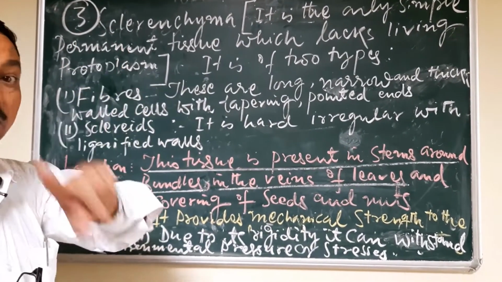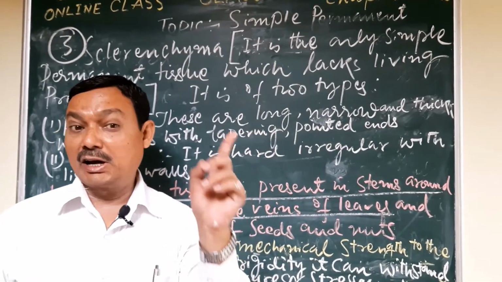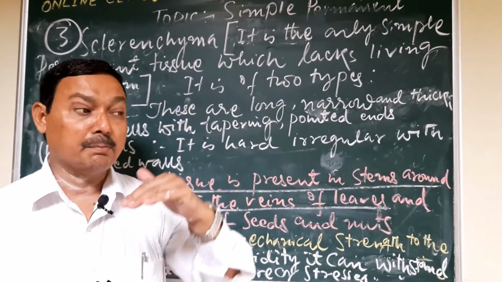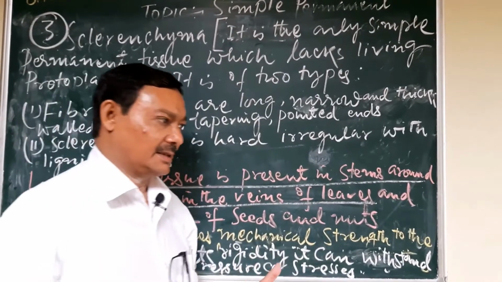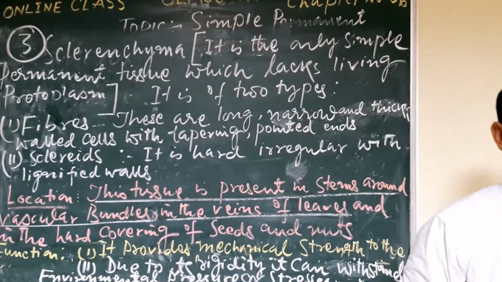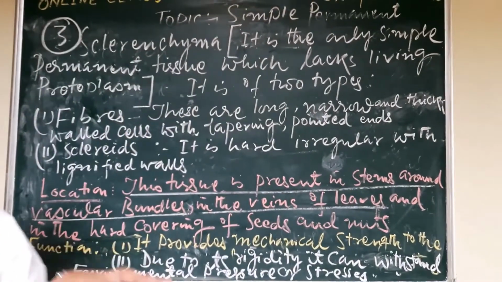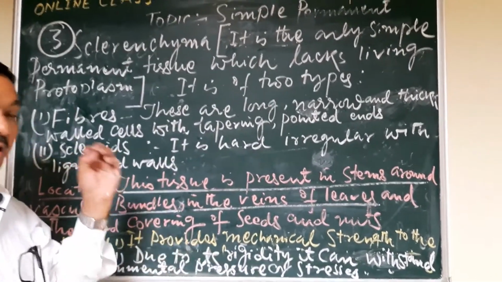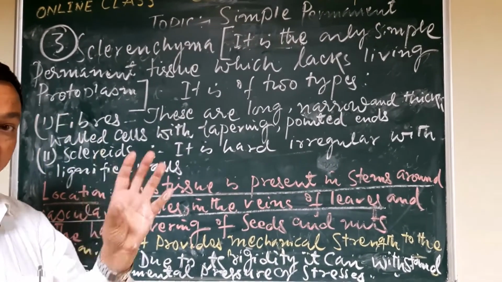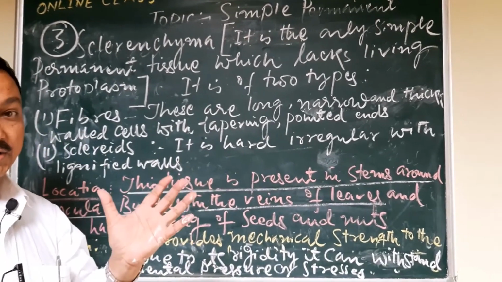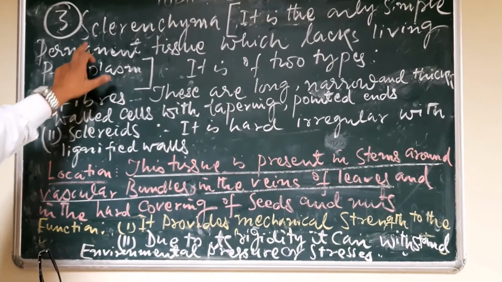Collenchyma provides strength in the flexible, bending parts of the plant. A plant has extensive branches, and due to the wind and other adverse environmental circumstances they can be bent, and Collenchyma provides strength and support to that extent. And the third one is Sclerenchyma.